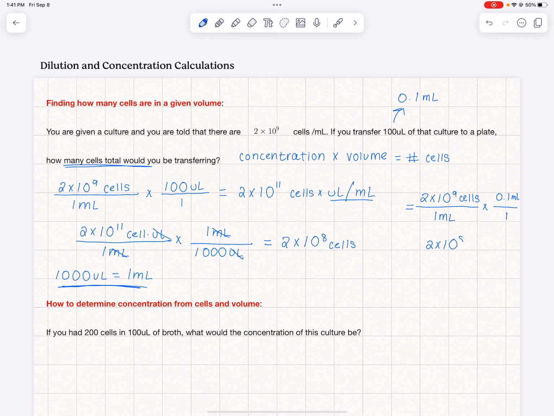We then end up with 2 times 10 to the 8th cells. And our units cancel out on our first try. And so what you'll see is that there was a long way to get the correct answer, but if we convert our units early on, we can also get the same answer a little bit quicker.